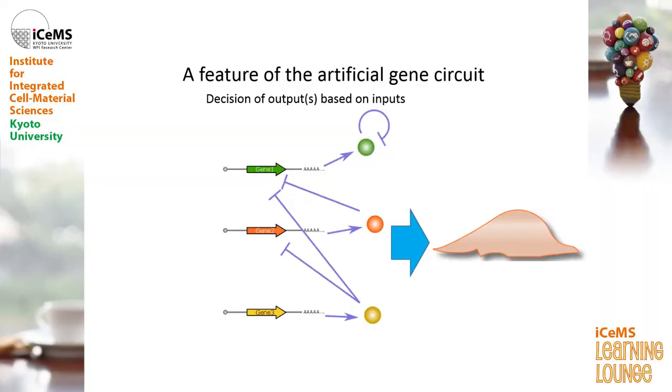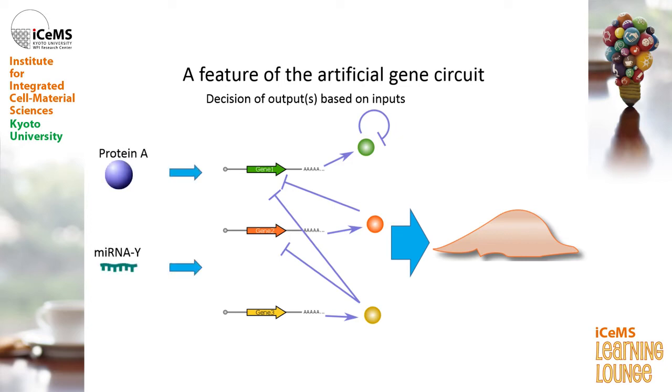Lastly, I'd like to talk about the future of the artificial gene circuit. An artificial gene circuit consisting of multiple gene switches can detect multiple input signals and determine the output depending on the input signals.